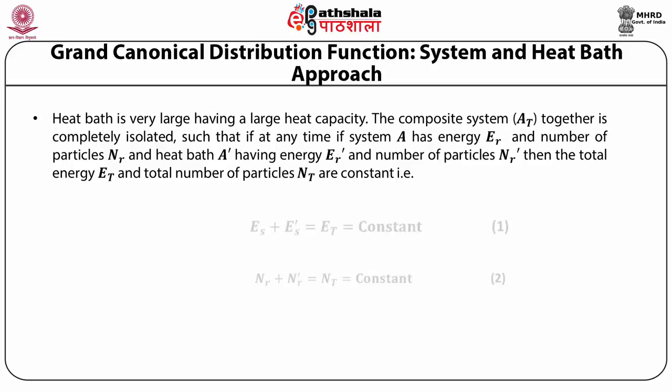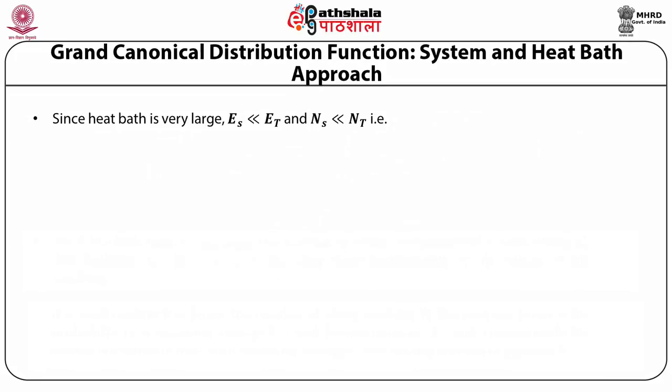That is, E_s plus E'_s is equal to E_t, a constant, and N_r plus N'_r is equal to N_t, a constant. Since the heat bath is very large, therefore E_s is very small as compared to E_t, and N_r is also very small as compared to N_t.